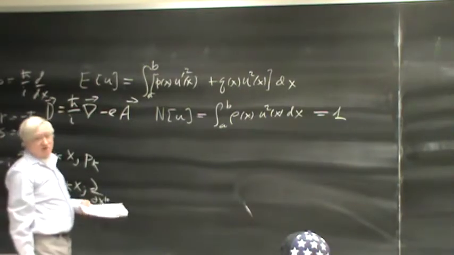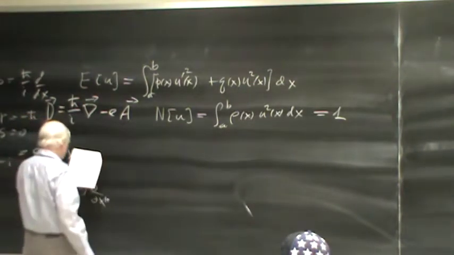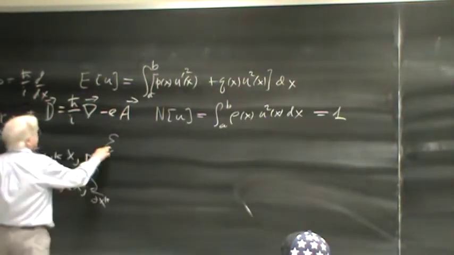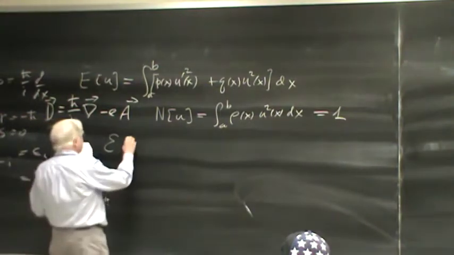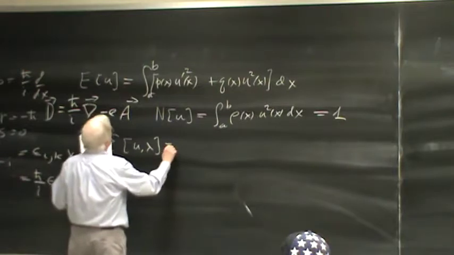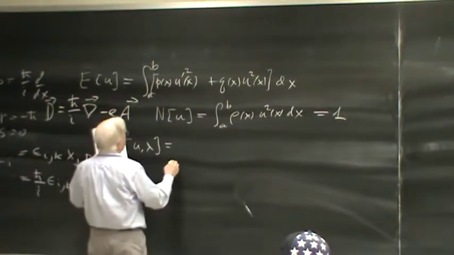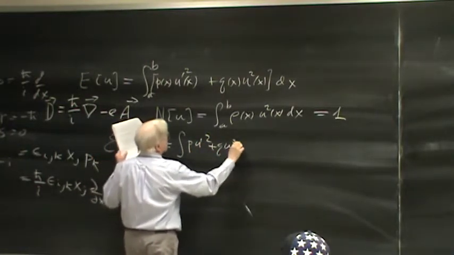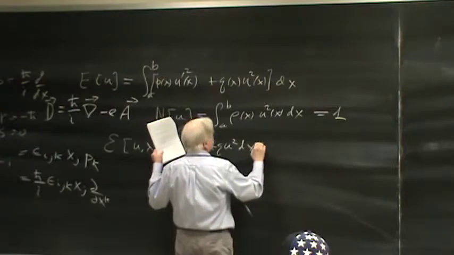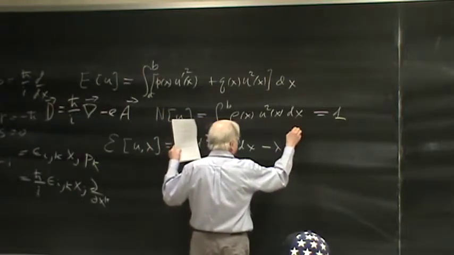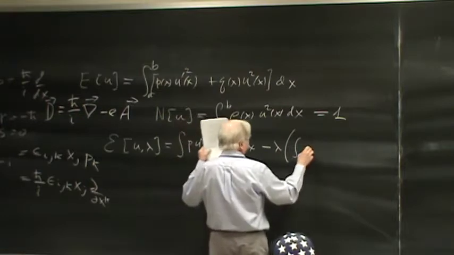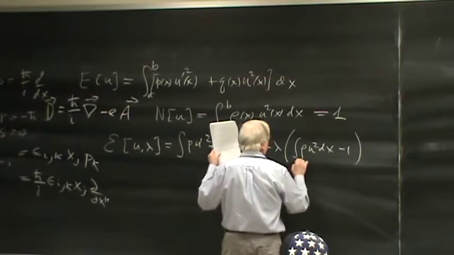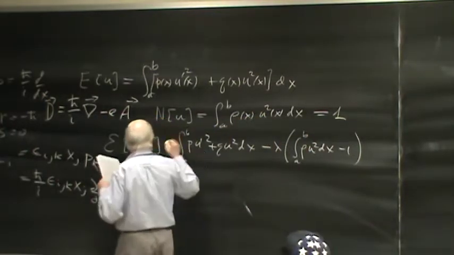And what we do is we use the Lagrange multiplier. Unfortunately in my notes I used E for both things, but I guess you'll let me get rid of that. So this is the integral of p u prime squared plus q u squared dx, minus lambda times the integral of rho u squared dx minus 1, from a to b.